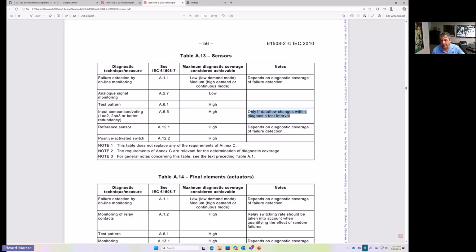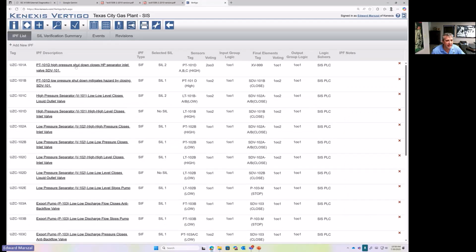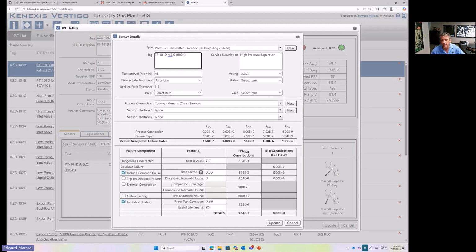The Connexus recommendation for the numbers that you put in, and did I shut out of, no, I've got Vertigo up still. So when you're going in and you're assigning a diagnostic, or when you're looking at a component, if you're doing an external comparison, first off, you need to look at your dangerous detected versus dangerous undetected.